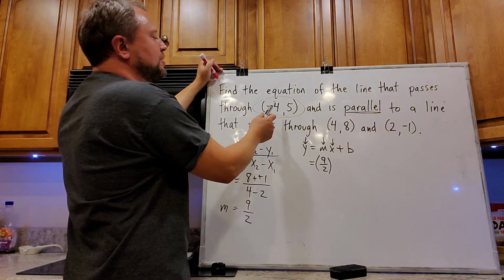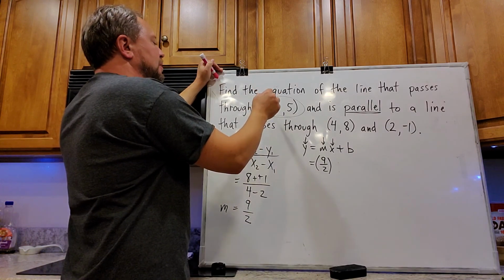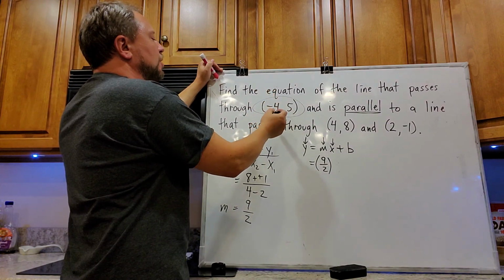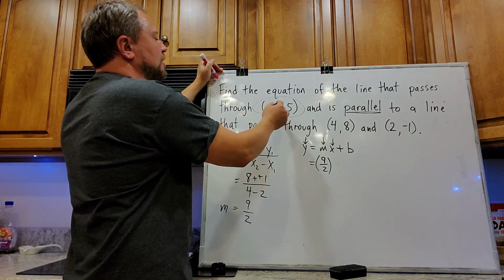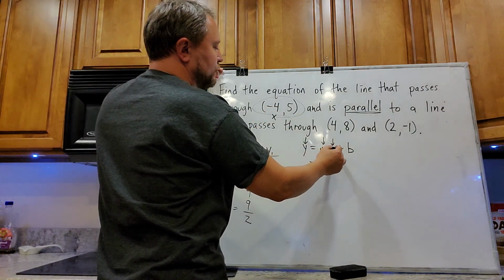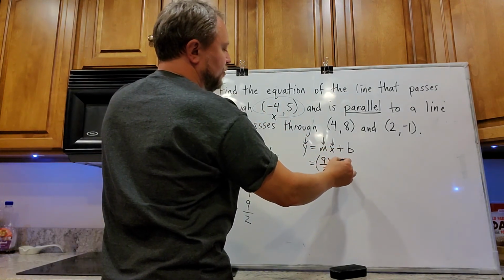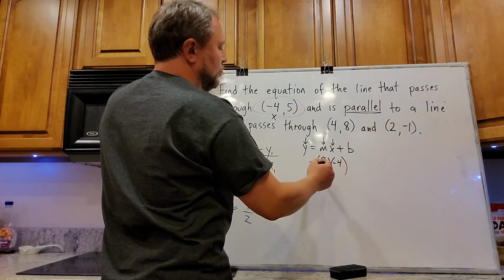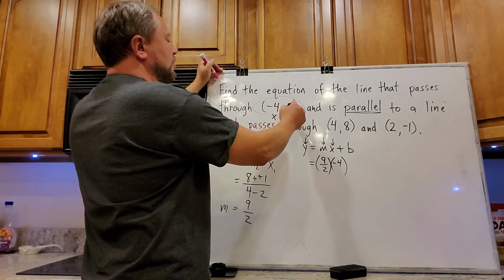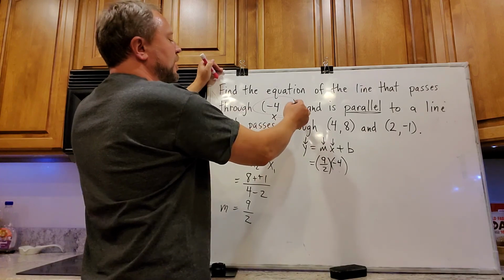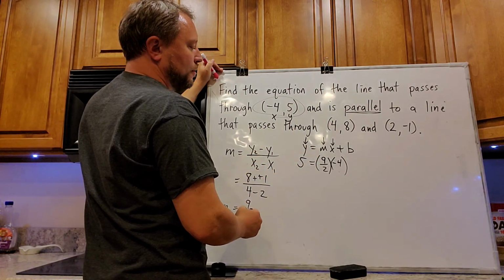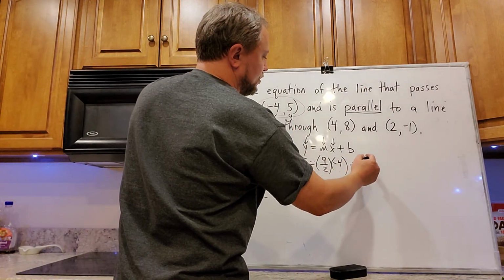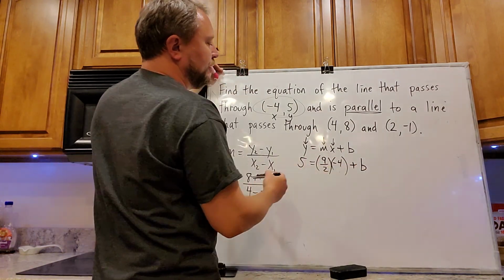So if it passes through this point, then these are solutions, where your x is -4 and your y is 5. Don't forget that plus b on the end.